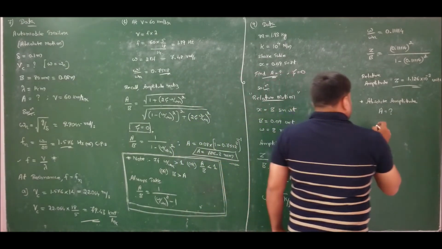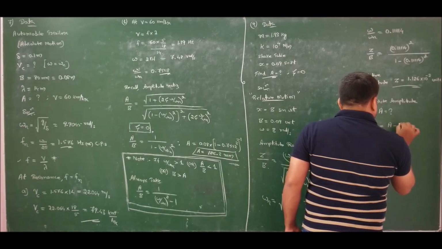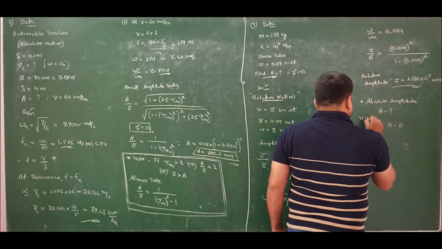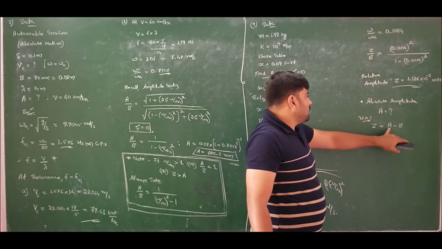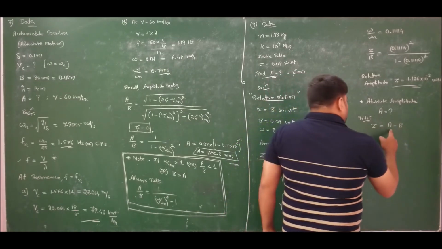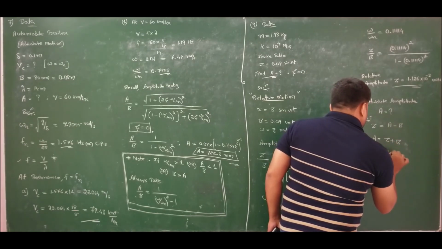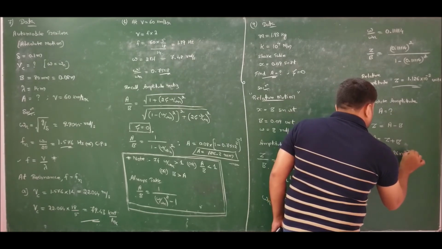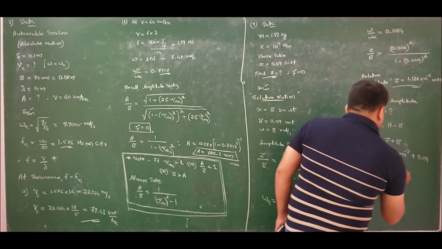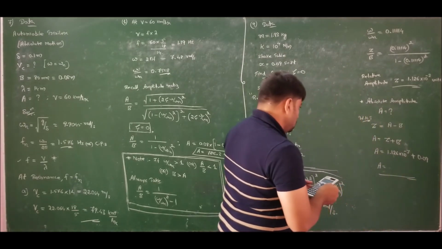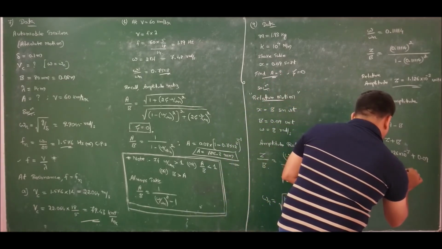People already know that relative displacement is nothing but the vectorial difference of absolute displacements, amplitude A minus amplitude B. Hence the absolute displacement A is equal to z plus b, which is 1.126 into 10 to the power of minus 3 plus 0.09. Hence I get the value of A as 0.0911.